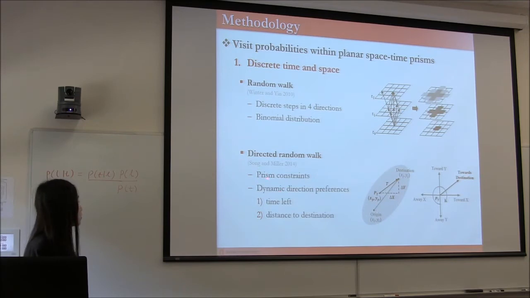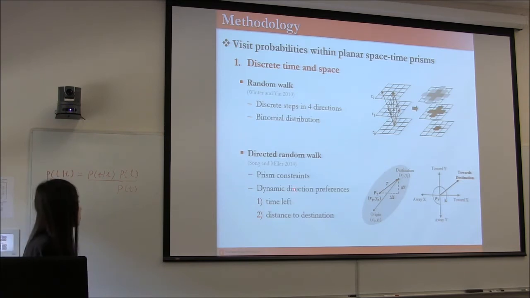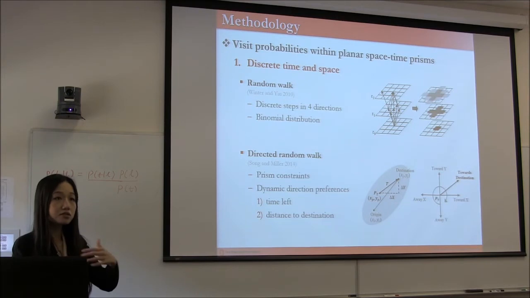That captures the prism constraints to arrive at the destination on time, and we also developed a dynamic direction preference. The way to understand that is the current preference for which direction to go will be determined by how much time I have left for moving and how much distance to the destination is left for me to move.